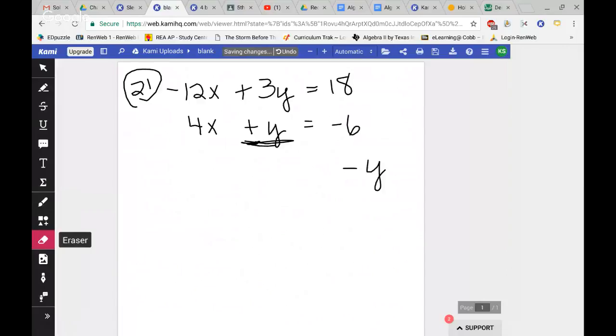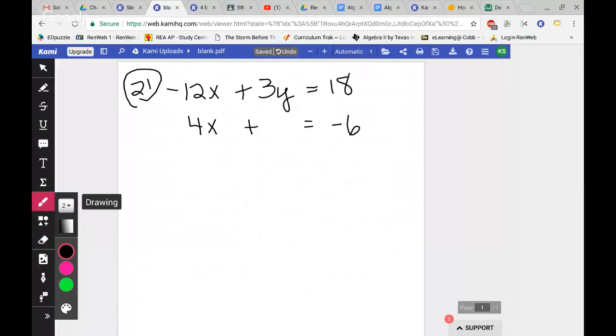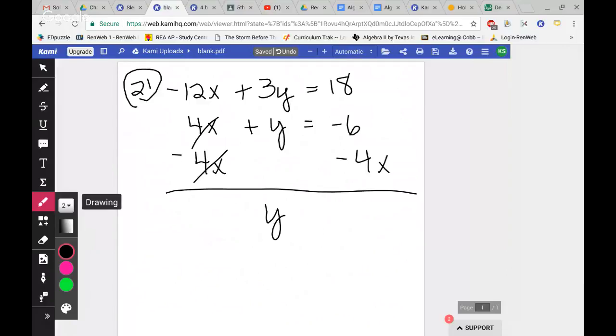So that's why, since I'm trying to leave the y all by himself, I'm going to subtract the 4x from both sides. Like that. And now I actually have a value for y. It's telling me this is what y equals, -4x minus 6.